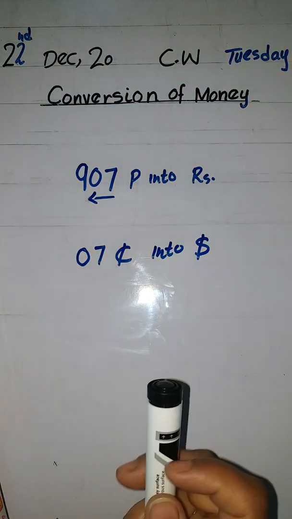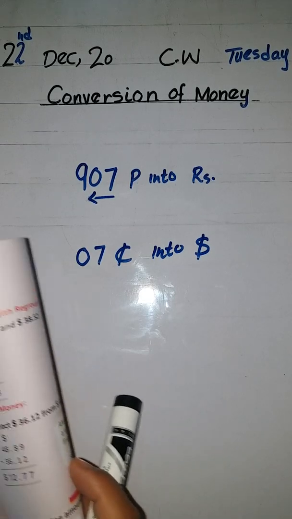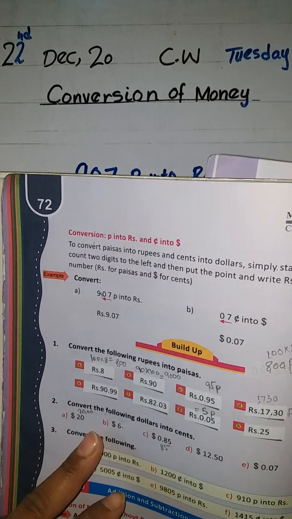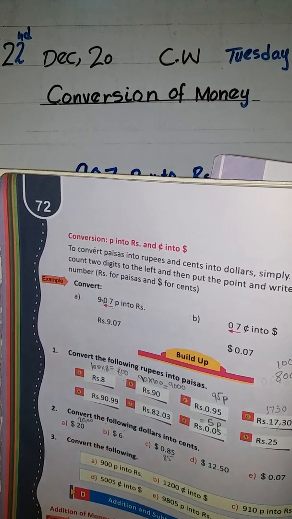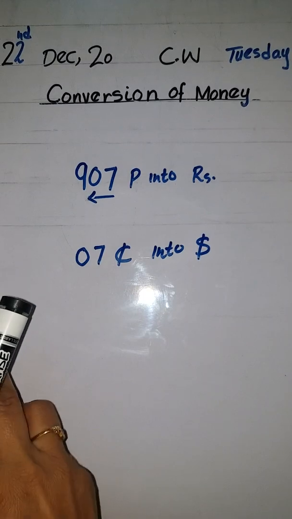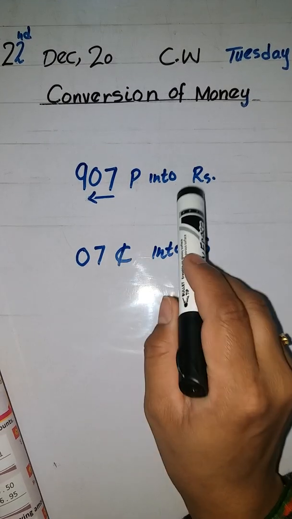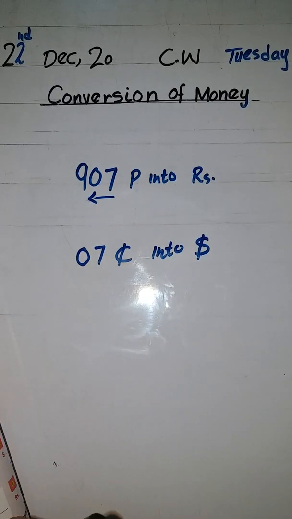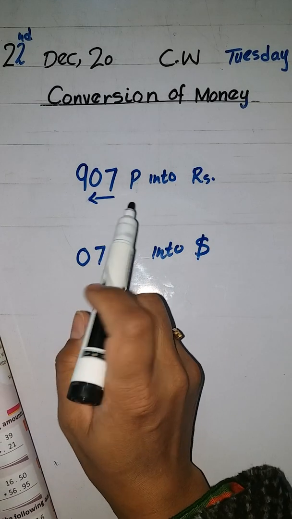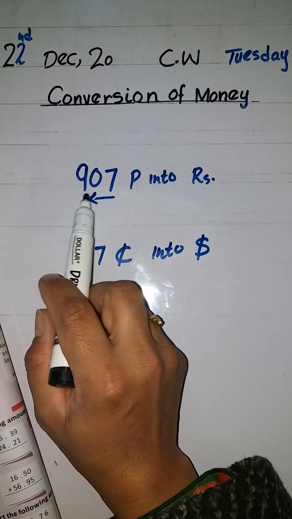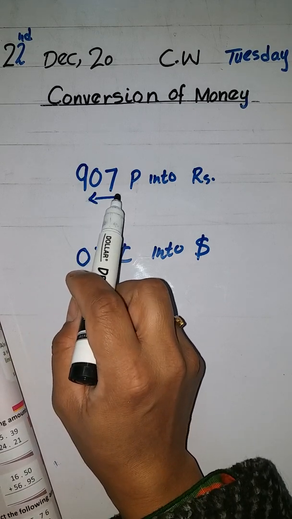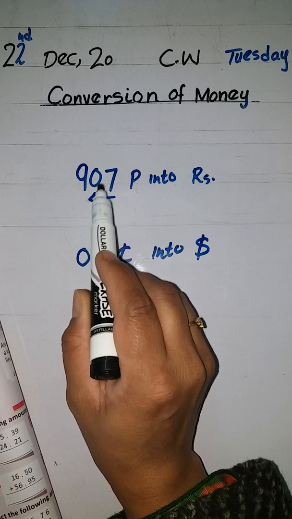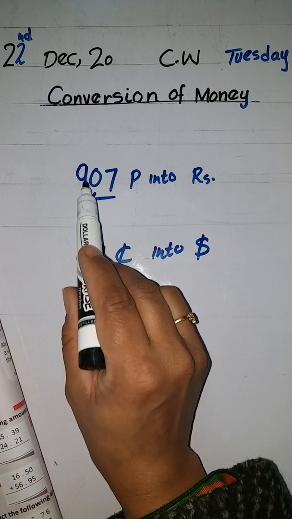So grade 3, now conversion of paisas into rupees and cents into dollars on page number 72. I will tell you how to convert paisas into rupees. Here is written 907 paisas. What you have to do is start from the right side, count 2 digits left.